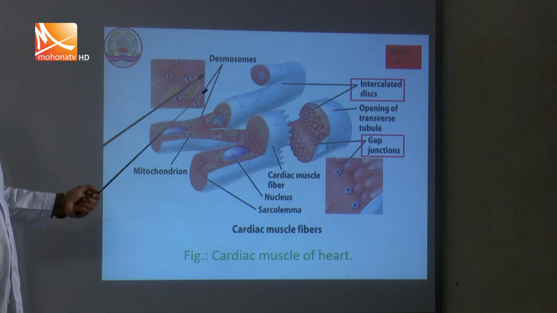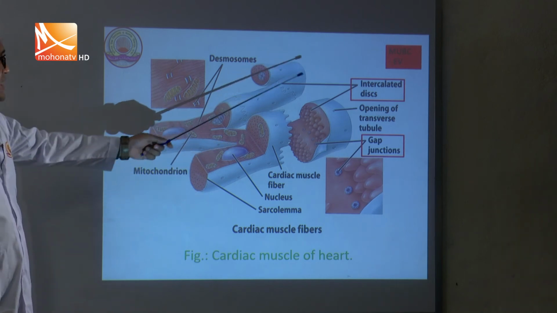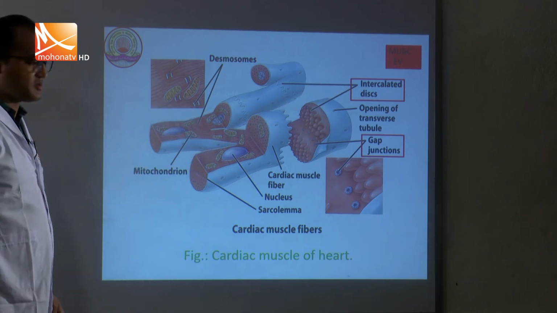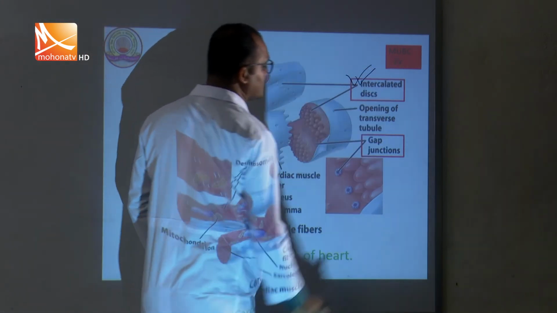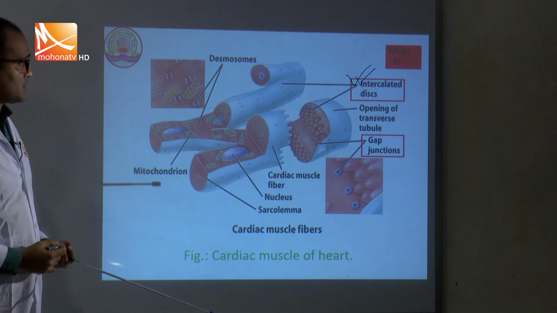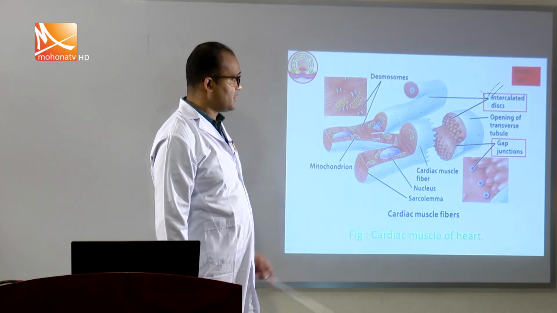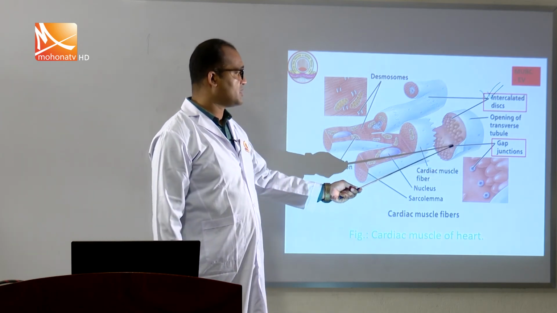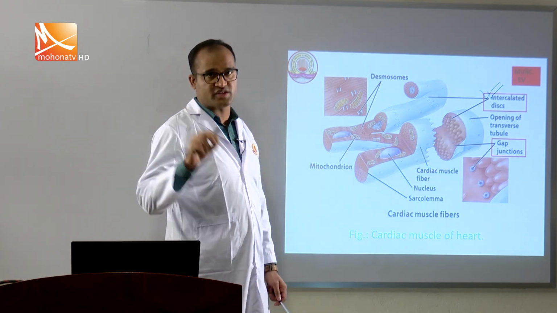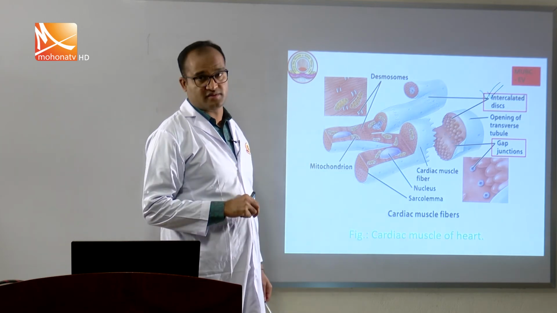The cardiac muscle is a branched muscle. Now we can see the intercalated discs. It is the specialty of the tissue covered by the cardiac muscles, with openings, the transverse tubule and gap junctions. That means it works like a screw type system that attaches the cardiac muscles.